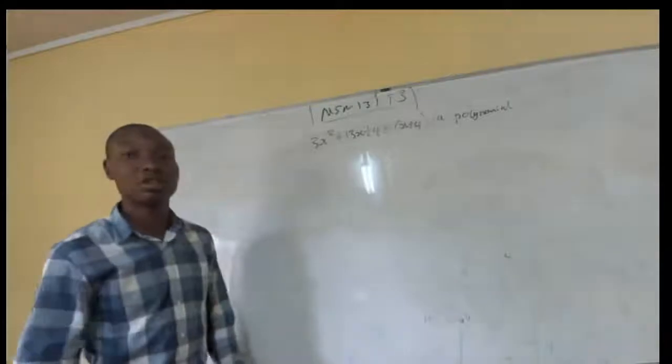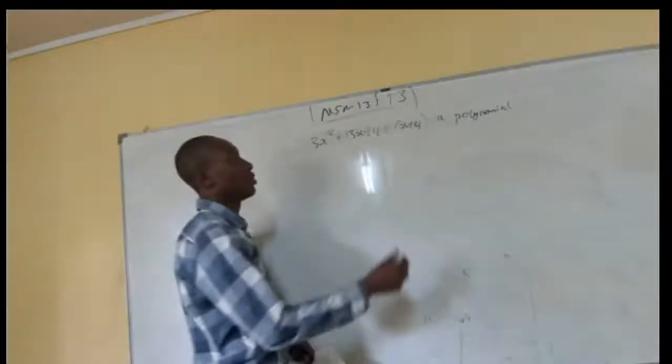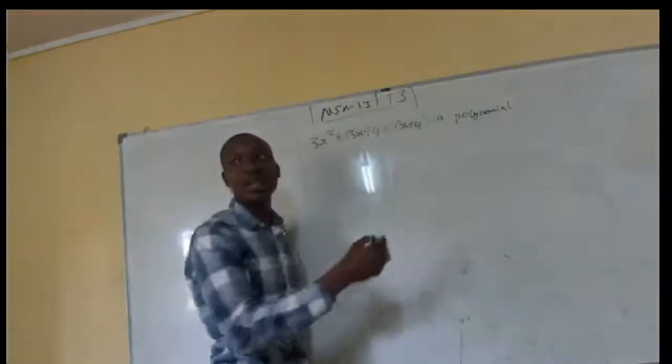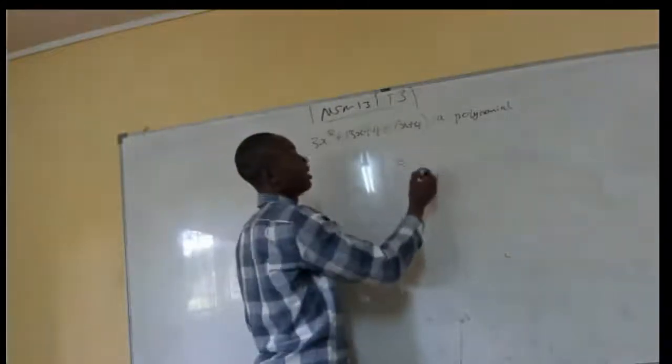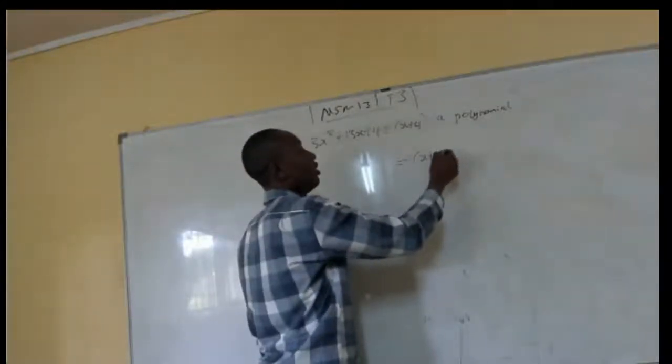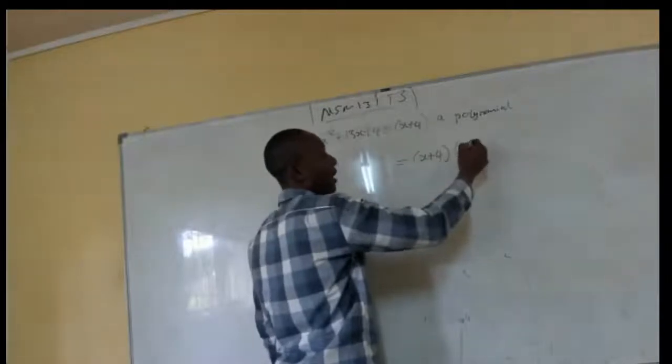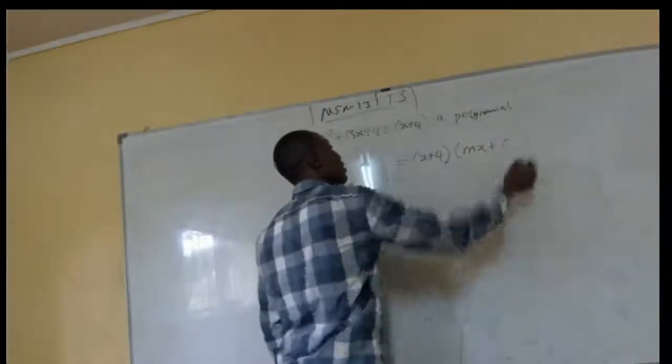So in short, the polynomial is actually a straight line. Remember, a straight line equation is given as mx plus c, right? So I can write this as x plus 4 multiplied by mx plus c.